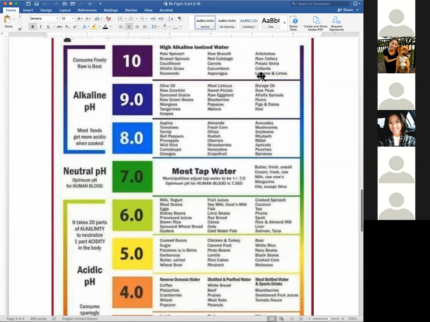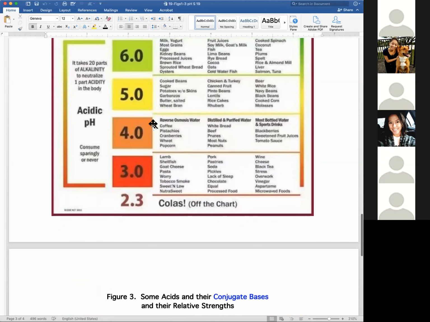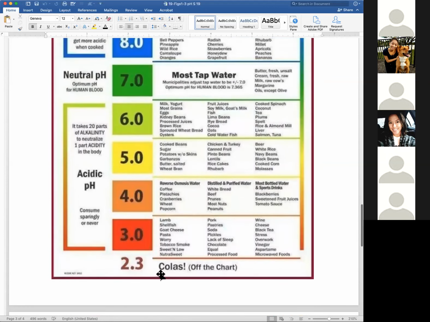All this stuff up here I do not believe. And then over here, anything that's acidic, you should sparingly consume or never. And then colas, off the chart. So sodas are off their chart. They're not off any other people's chart, simply because of the carbonic acid.